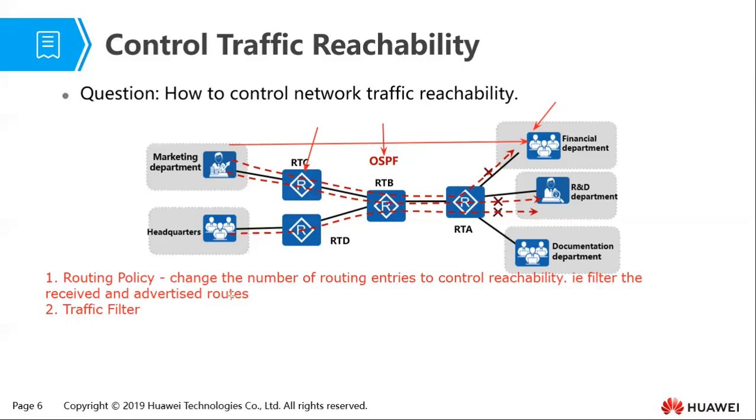But using a routing policy, we can actually filter this network so that RTA maybe does not share it into OSPF, or we can simply configure RTC so that RTC does not learn about this network. So that is what we call a routing policy. So we can configure that.